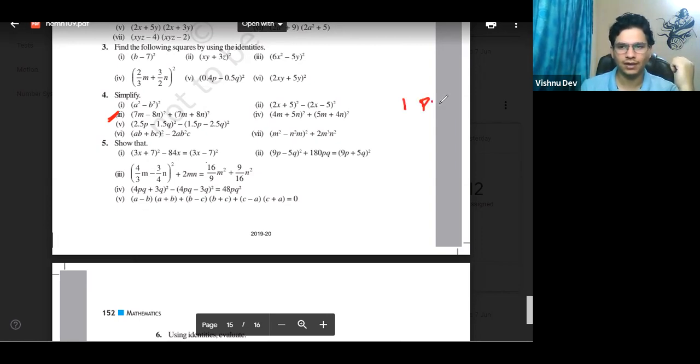I don't think anyone has solved any problem which takes more than one page. That is also something we have to learn: patience. Whenever we have a bigger, longer problem, we tend to make mistakes. Yes or no? How many of you have observed that whenever the problem becomes bigger, we make more mistakes? Yes, right?